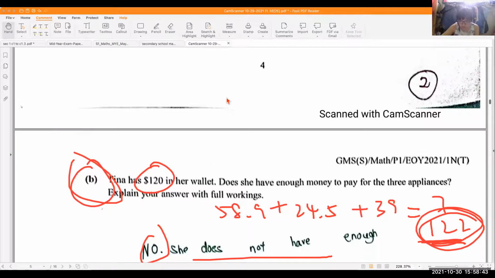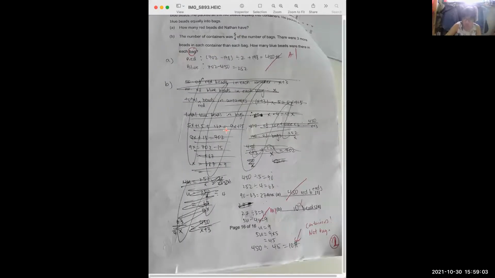No, not this one, sorry. Can you see this one? Hold on, let me share. Can you see this image? Can you see there is a circle?